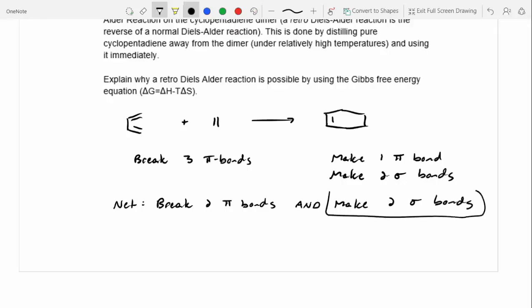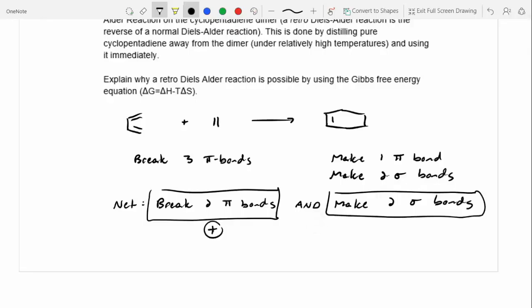Right? So let's think about this in terms of breaking it apart. Does it take energy to break bonds, or does it create energy? It takes energy to break a bond, right? So the delta H value for breaking bonds will be positive. Right? Making bonds releases energy, so that delta H value will be negative.